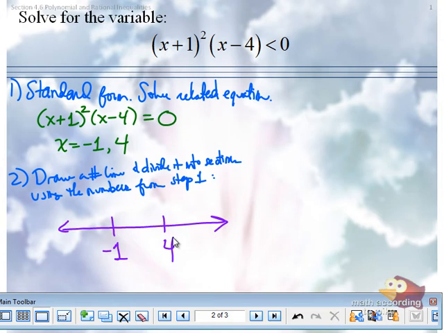So by drawing this number line, we have created 3 sections. This section to the left is all numbers less than negative 1. This section is the numbers between negative 1 and 4. And this section are the numbers greater than 4.